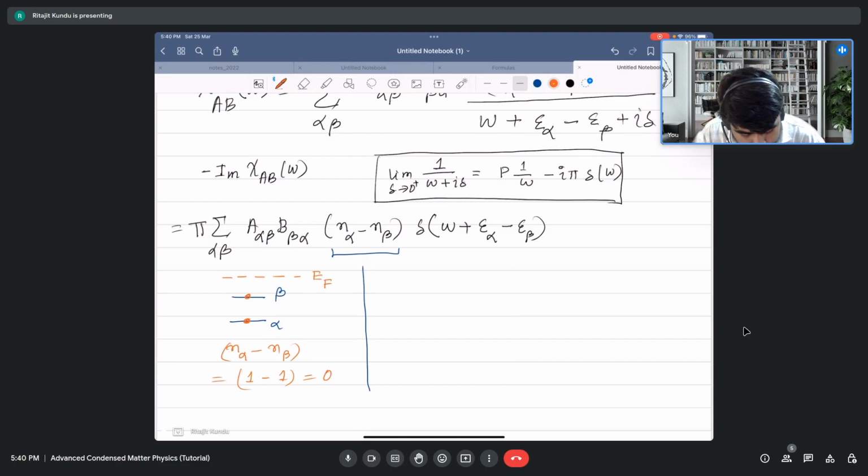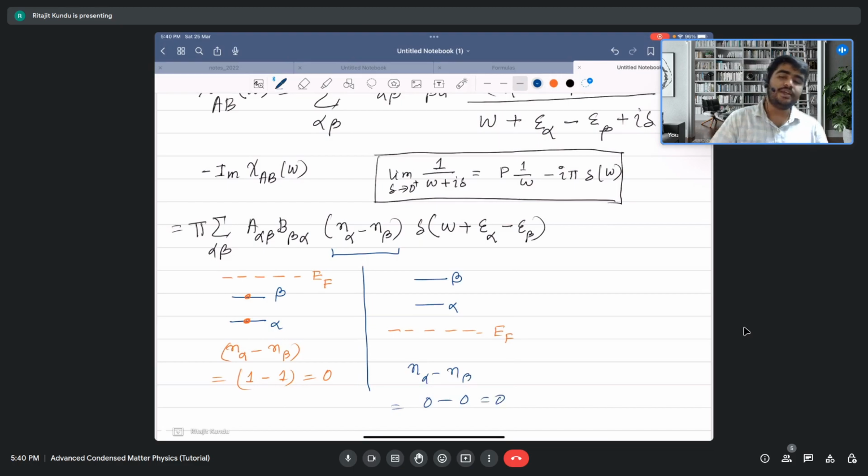Let's say these are my two states, alpha and beta, and then this is my Fermi energy. If my states are above the Fermi energy, that means there are no electrons in that state. So n alpha minus n beta is just 0 minus 0, which is also 0. That also means that if you have some free states, where there is no particle, you cannot do transitions, right? Because you cannot take something which is not there and put it on some other level.